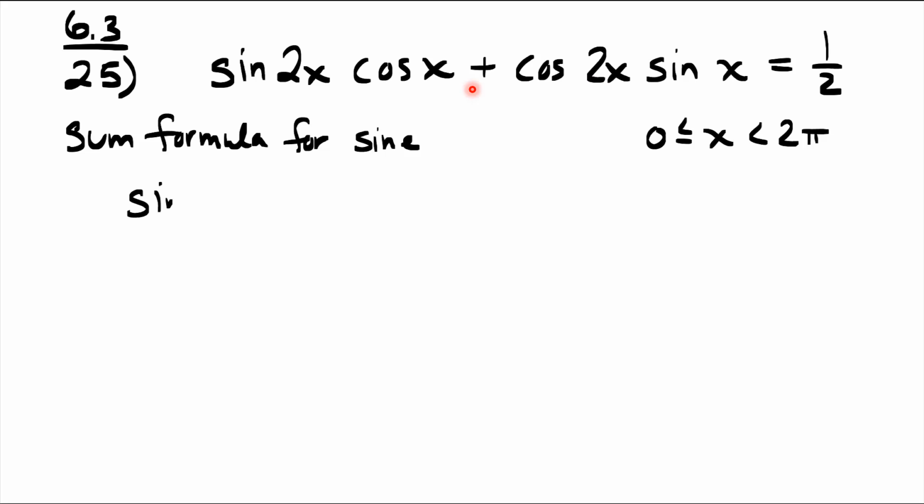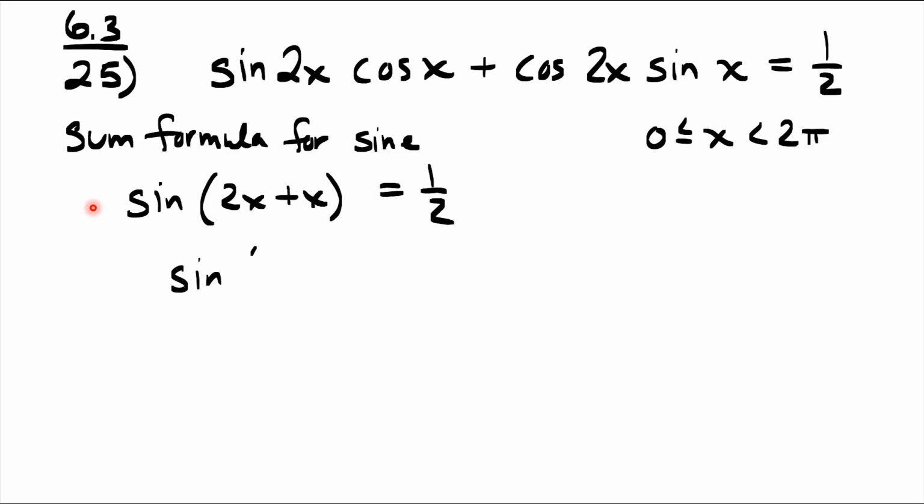So let's see if this makes sense. This would just be sine of A plus B. Take a look in your textbook, see if you can see it. So that whole thing, the sum formula for sine, is just the addition of the 2 angles together. Still equal to 1/2 though.